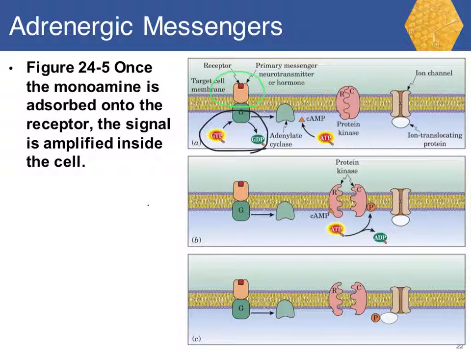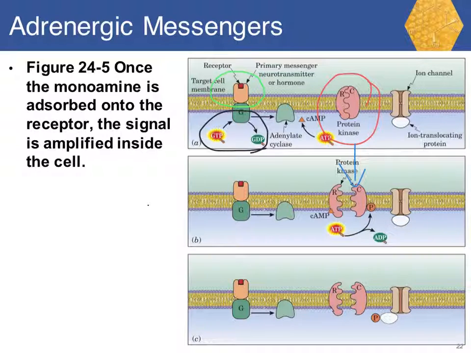This cyclic AMP then activates another enzyme called protein kinase, which separates the regulatory unit from the catalytic unit, as you can see in the third picture right here. While this is happening, as you can see down in B, a second ATP phosphorylates the catalytic unit and produces ADP.